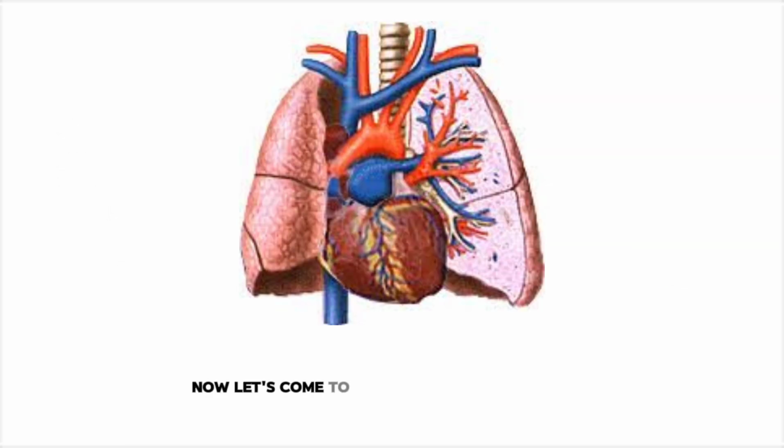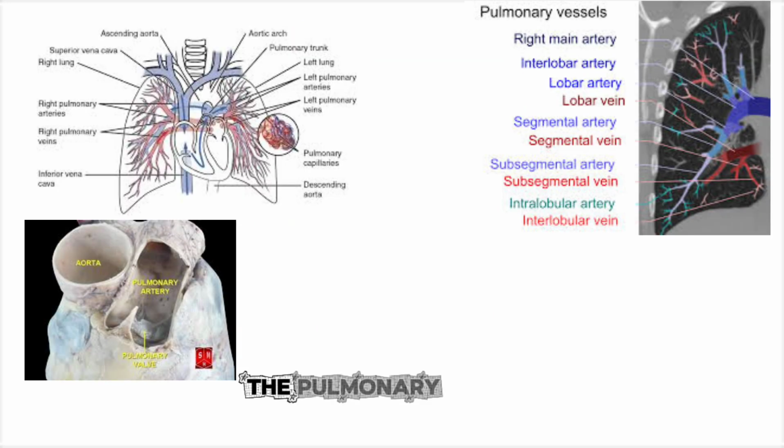Now let's come to the pulmonary circulation. The pulmonary system is a low-pressure, low-resistance circuit that receives the entire cardiac output from the right side of the heart. The pulmonary artery: unlike systemic arteries, it carries deoxygenated blood from the right ventricle to the lungs.